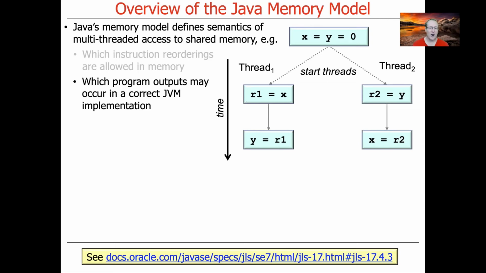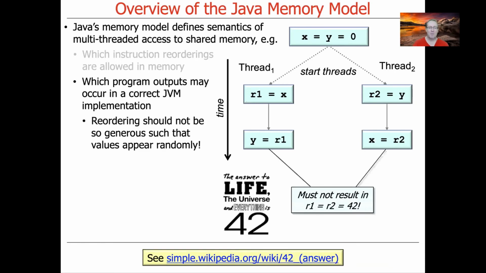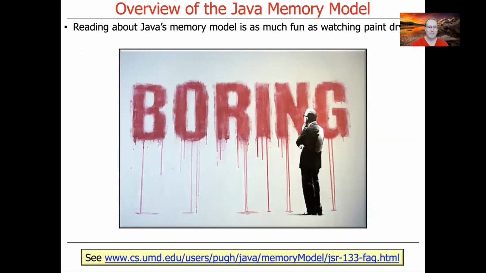And then you can see that r1 is set equal to x, and then y is set equal to r1, and r2 is set equal to y, and x is set equal to r2. And basically what the Java virtual machine specification says is you just can't have random values here. They have to be somehow related to what's going on. And so as a consequence, there are some things that can happen, but other things that can't. And again, this is all very low level and very much language lawyer type of stuff.